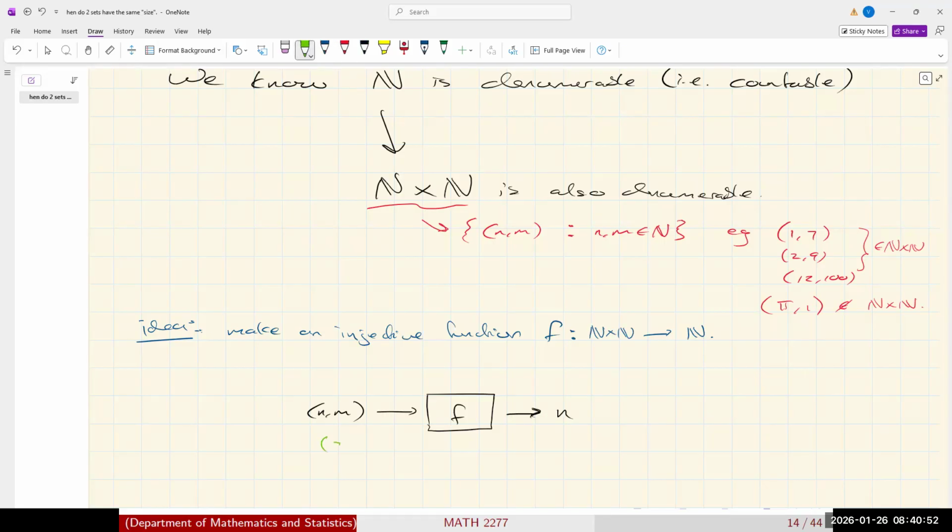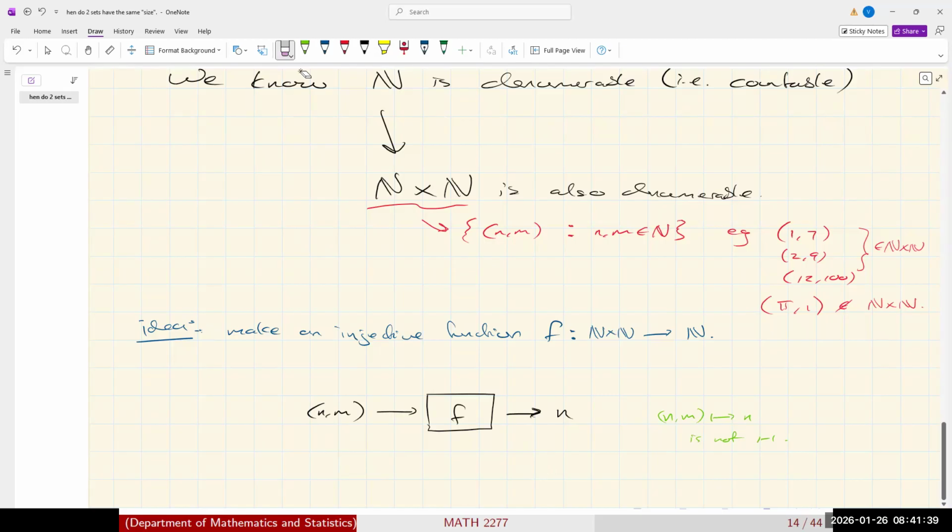If I do (7, 10), the output according to this recipe is 7. What if I do (7, 9)? Still 7. So this function mapping (n, m) onto n is not injective. It's not one-to-one. So we can't just put any output. We need to put an output in such a way that the resulting function is injective, one-to-one.